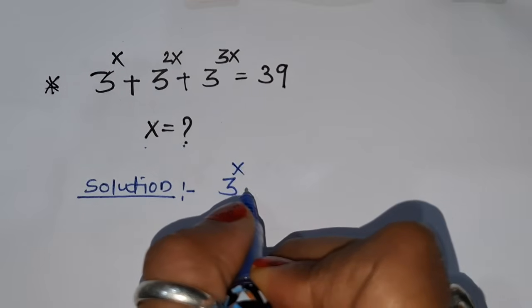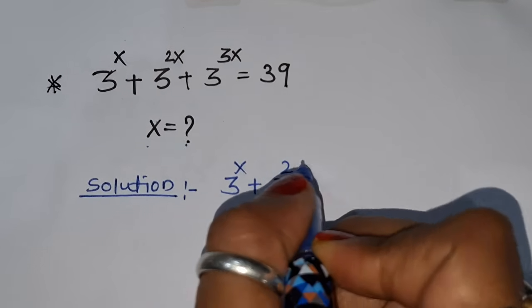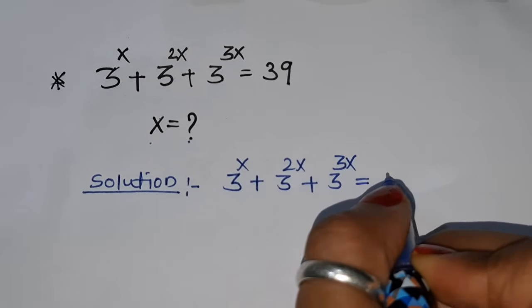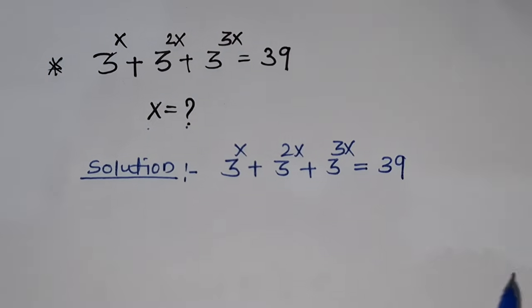3^x + 3^(2x) + 3^(3x) = 39. This is given, right?